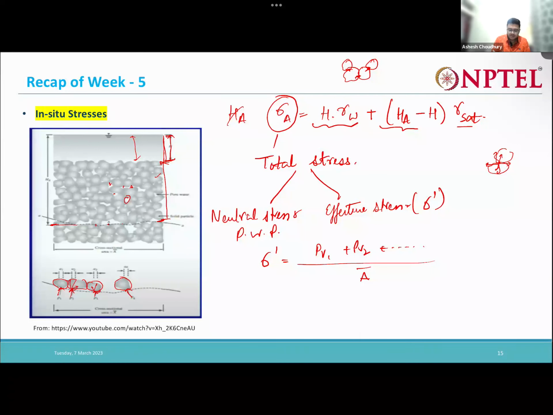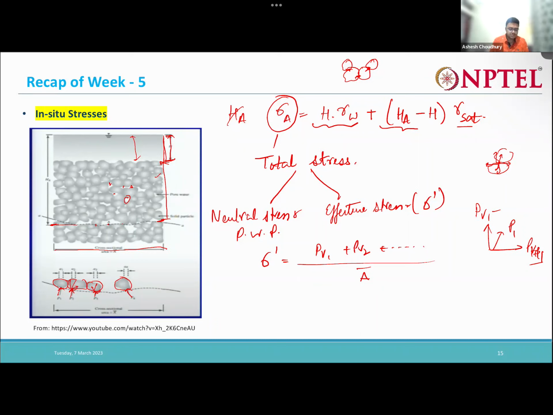Say this is my contact force P1. This will have a horizontal component and a vertical component, right? So the sum of all these vertical components divided by this cross-sectional area, which is A bar, will give me the effective stress.